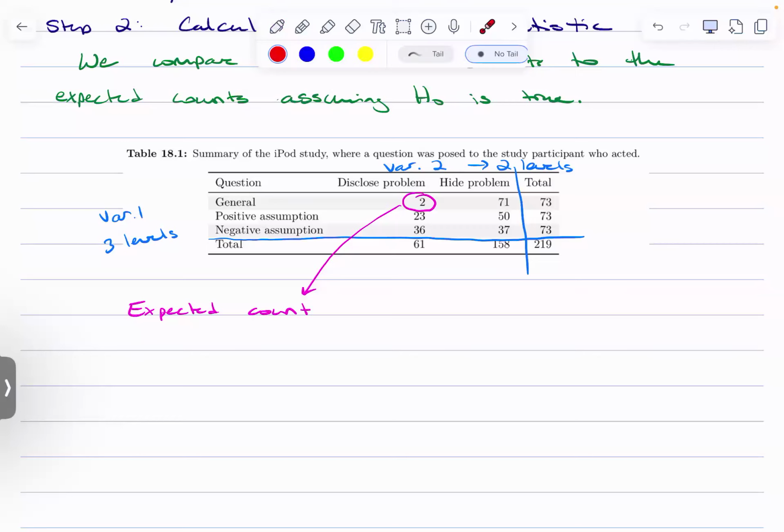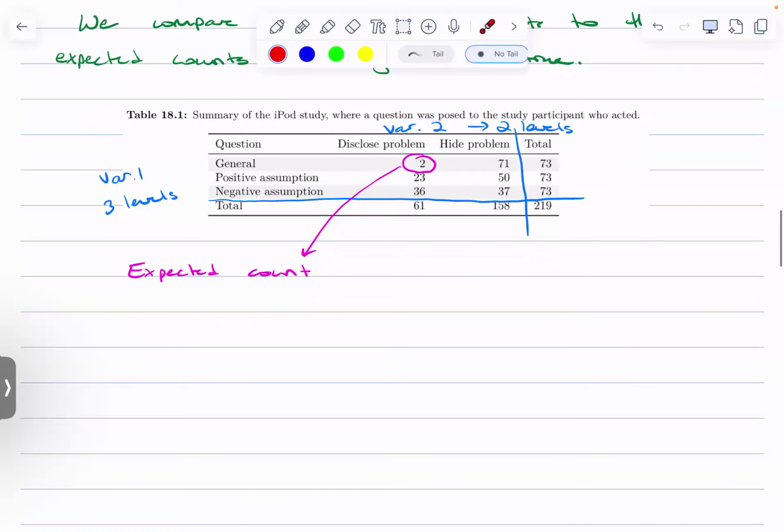is going to be, what if I take the total overall? Disclose the problem. Who cares about what the level is? The probability of disclosure, 61 out of 219. And then I can multiply that by the sample size in each of the questions and distribute that across each of the questions.